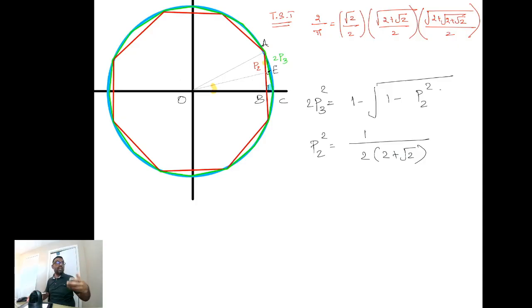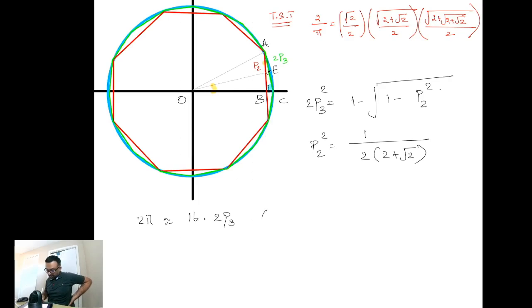And once we get that, then we'll first approximate what is the circumference of the circle by using the formula that 2 pi now will be approximately equal to. So now we have a 16 gone, right? So it will be 16 times of 2p3.